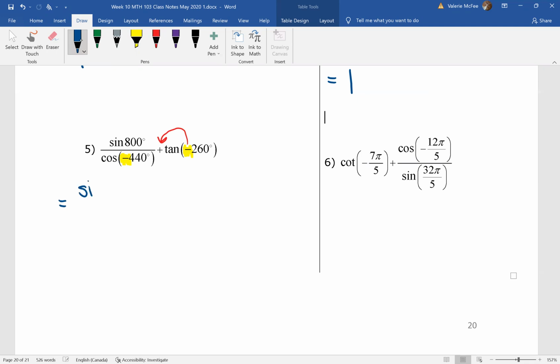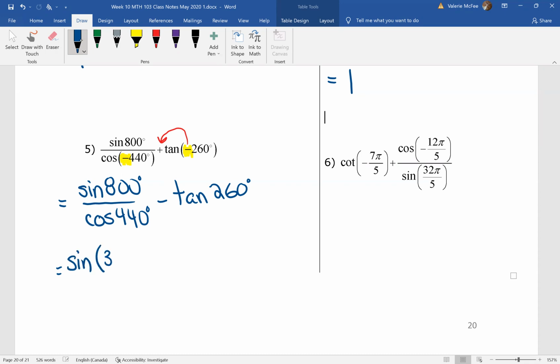So we have the sine of 800 degrees over the cosine of 440 degrees minus the tangent of 260 degrees. Now, sine and cosine both repeat every 360 degrees. So if I do 360 degrees times 2, that's 720 plus 80.